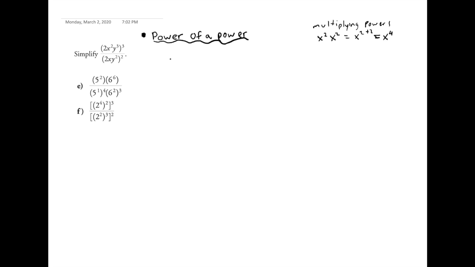First of all, rewrite your example: 2x squared times y to the power of 3, everything within the bracket with the exponent of 3 on the outside. And on the bottom you have 2xy squared, to the power of 2 for everything within the bracket.